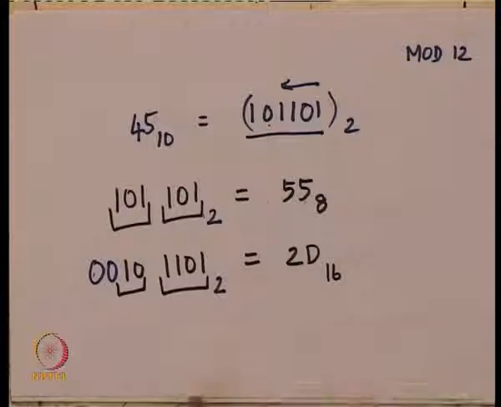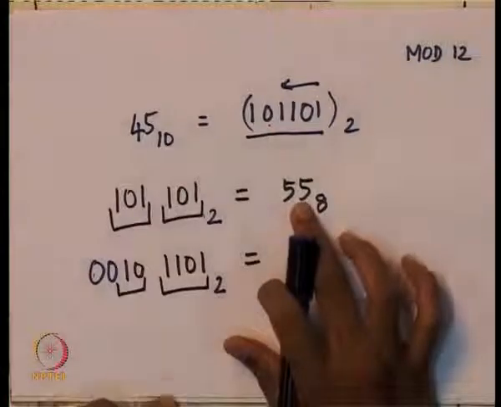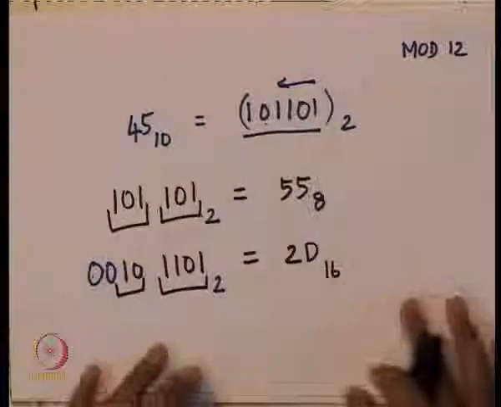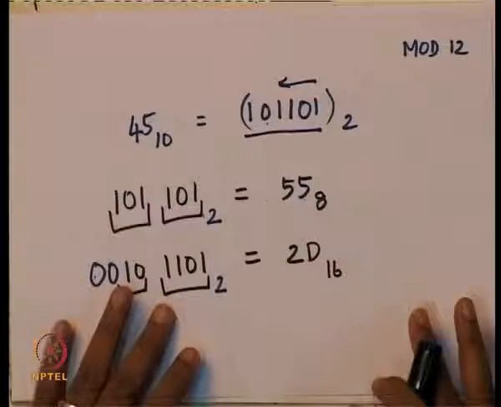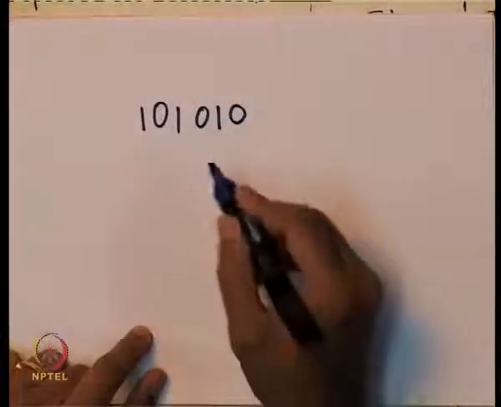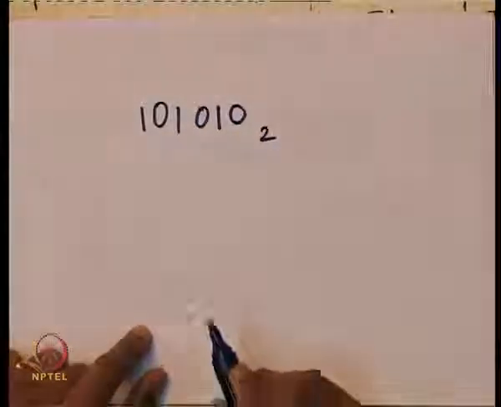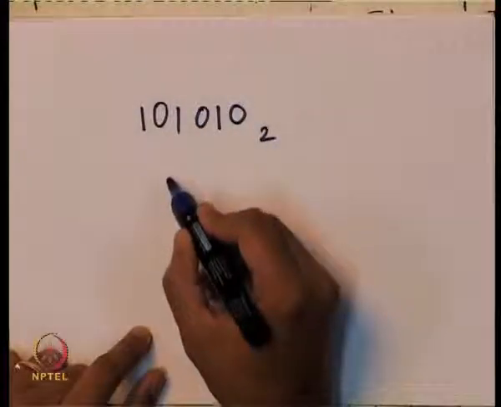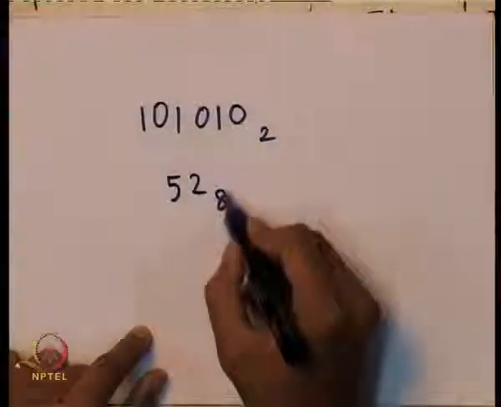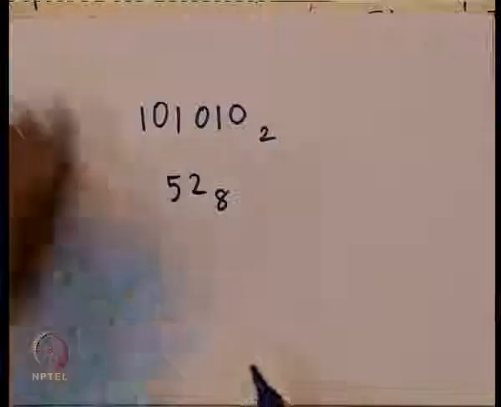In fact, if you want to go from octal to hexa, you write the binary representation for octal, then group in terms of 4, and you will get hexa. For example, let us say I had only the octal representation 52 base 8. Forget the earlier one for a while.